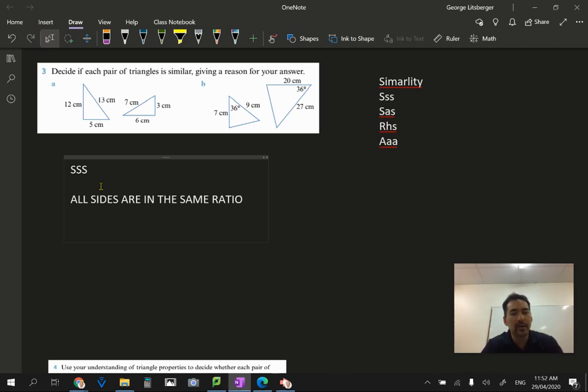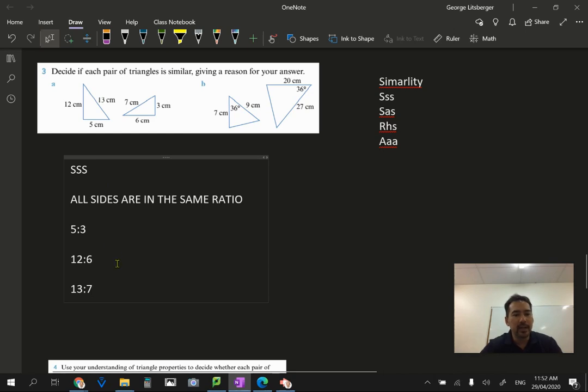We've got 5 in the original, and we have 3 in the image. The medium side is 12 in the original and 6 in the image. And 13 is the longest side in the original and 7 in the image.